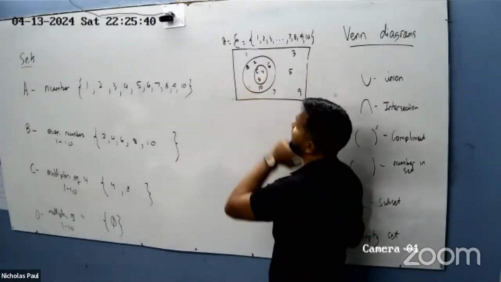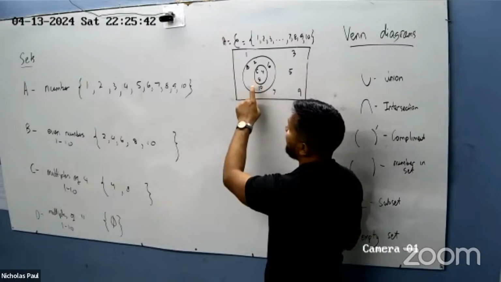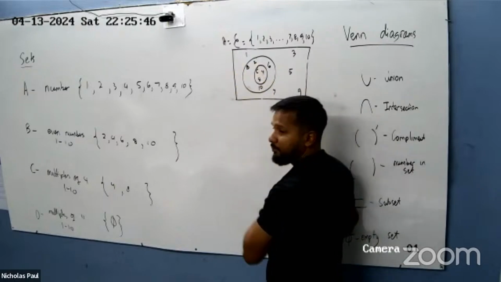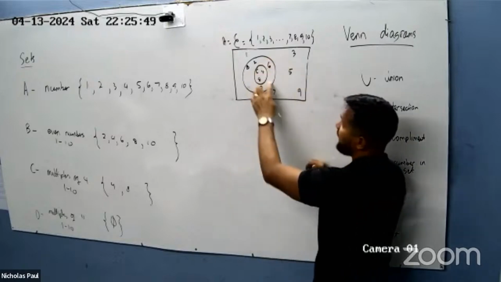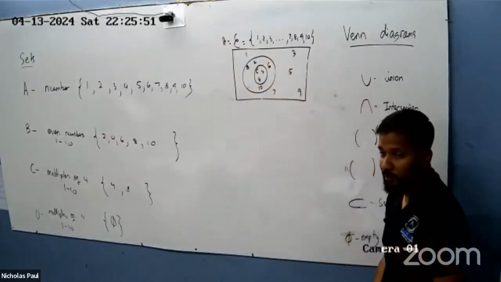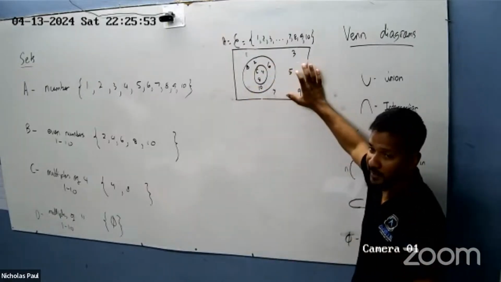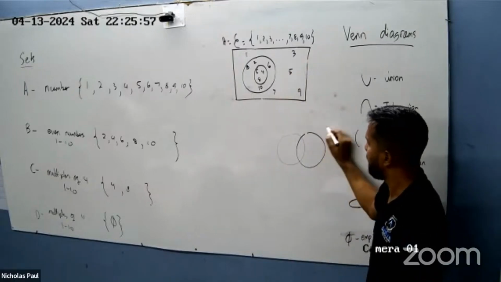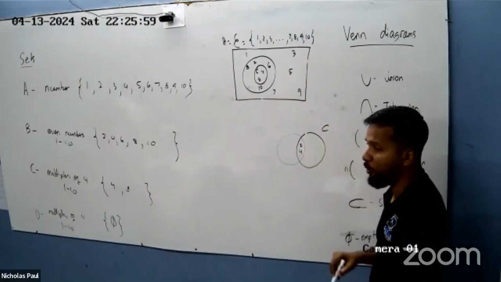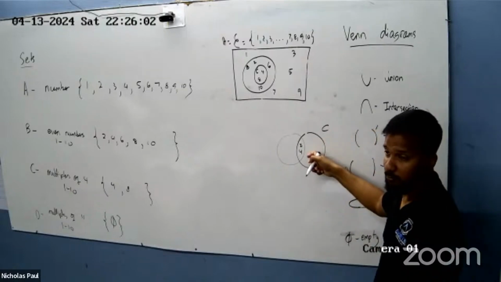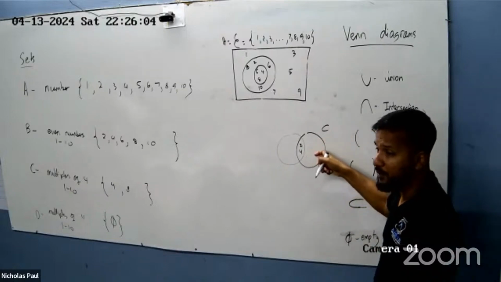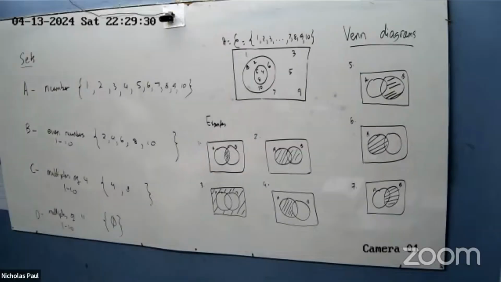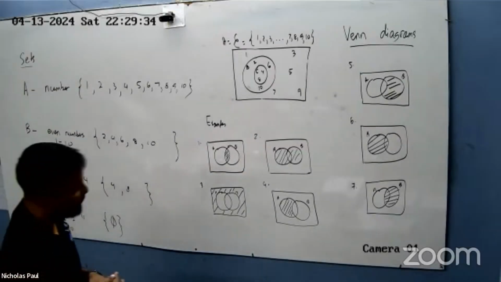The reason is that every single element in C belongs to B. If I drew it outside, it would have been wrong. It would have been intersecting when nothing intersects. If I had done it like that, I would have had 2 and 4 here and nothing here. So when that happens, this set has to go in there. Just take a small note, a Venn diagram.